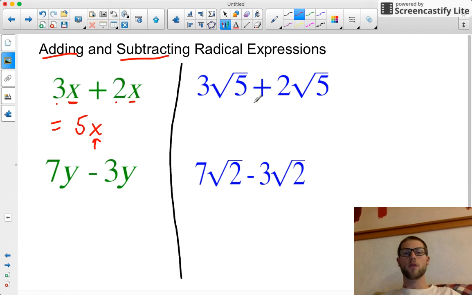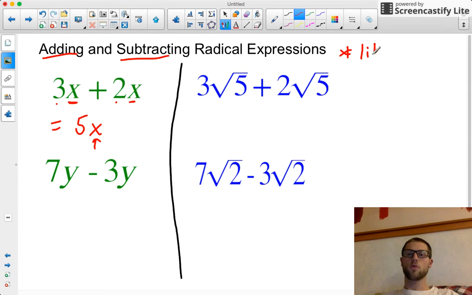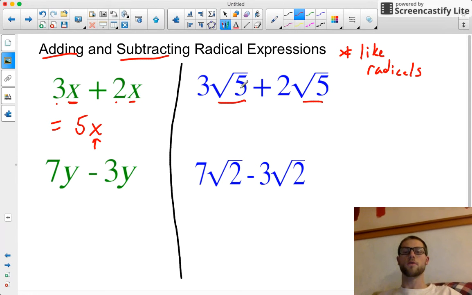So now, rather than thinking like terms with similar variables, you want to start thinking about like radicals. Since I have a common radical in both of these terms, I really can add them together. This really is the same expression over on this side, except I've replaced my x's with the square root of 5.